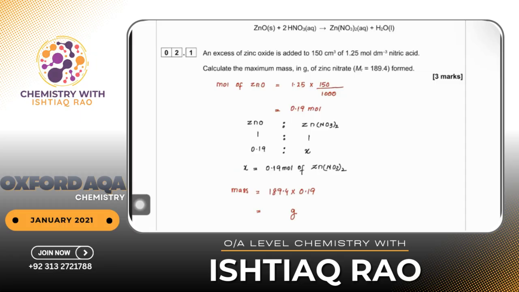Oh, okay. They gave us the nitric acid, not zinc oxide. HNO3, it's nitric acid. Right, that is 2:1.